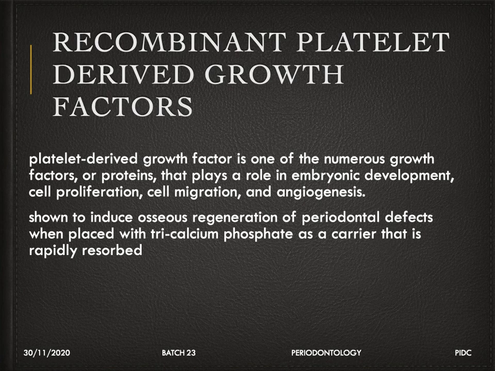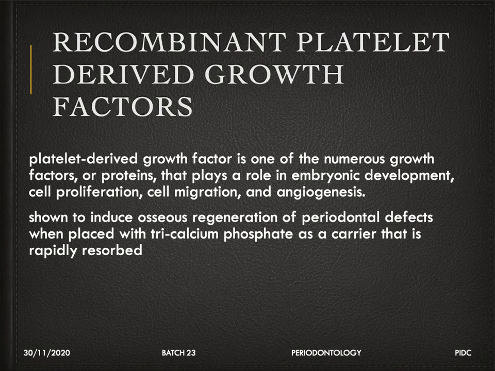For example, in the first week, the site should have platelet derived growth factor. In the second week it requires a bone morphogenic protein, and only then will it convert into osteoblasts and form bone. So we need different proteins at different time intervals to induce bone formation. That is the very difficult part in periodontal regeneration.